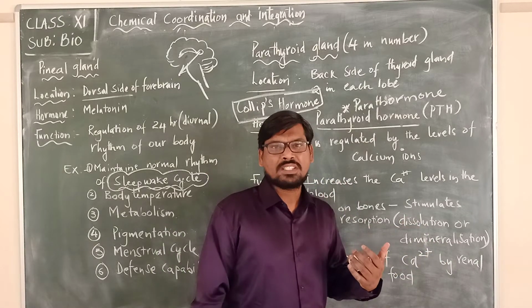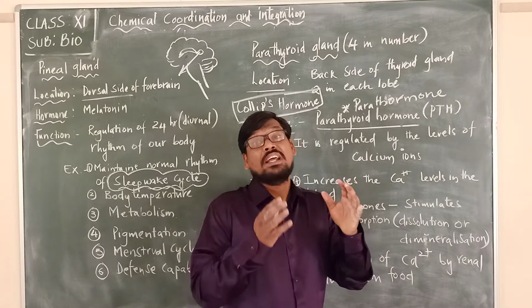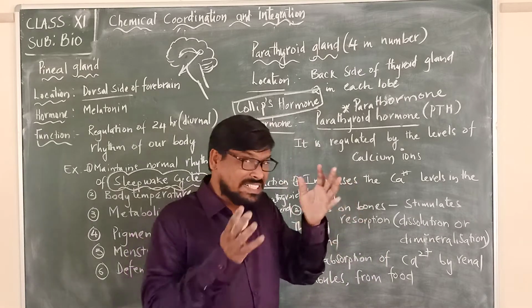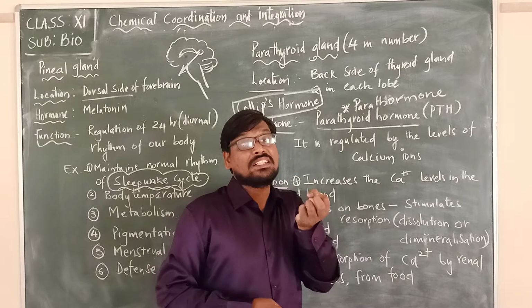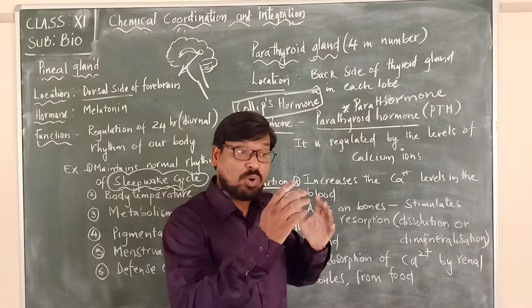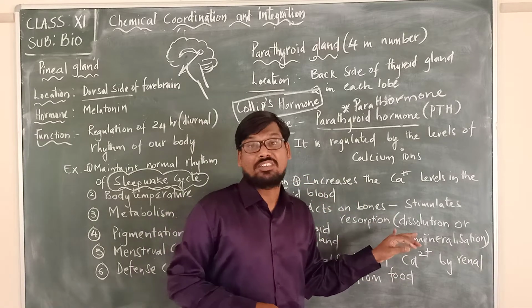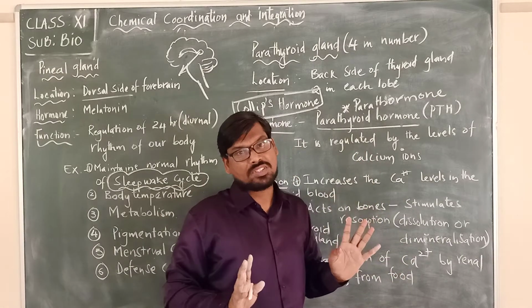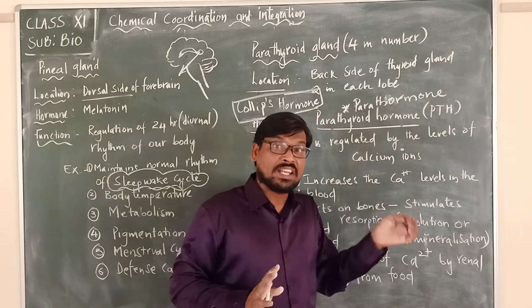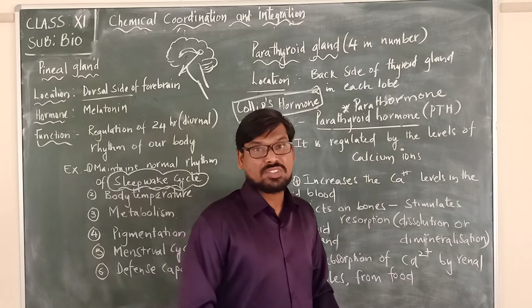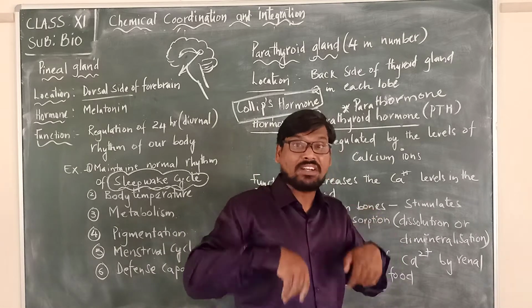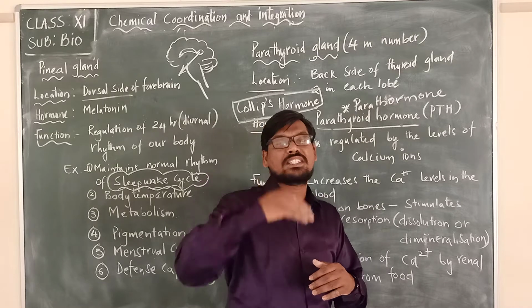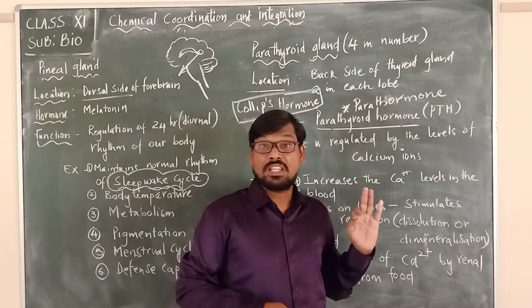What do you mean by this? It is demineralizing, stimulating the bones to release the calcium ions. So calcium ions are released from the bones, and that calcium enters the blood and again increases the concentration of calcium in the blood.